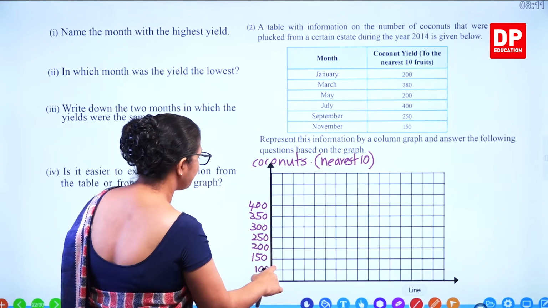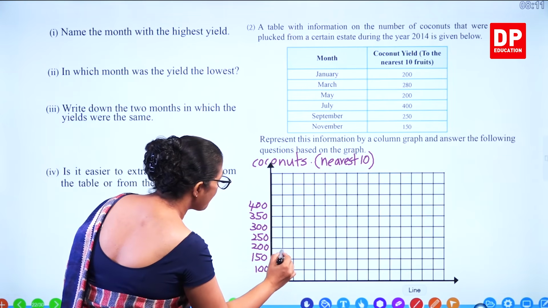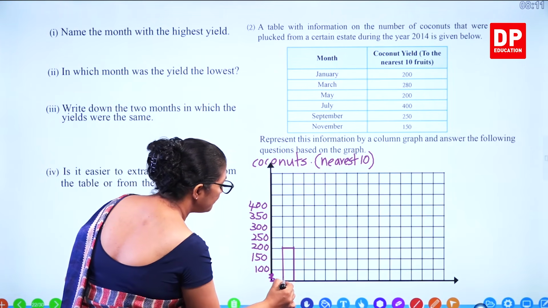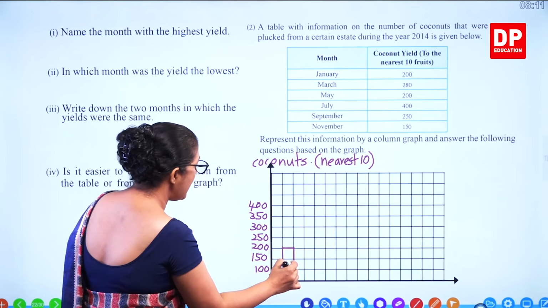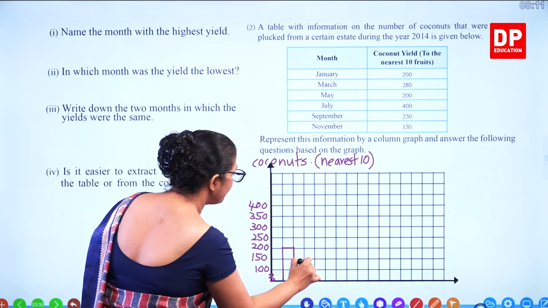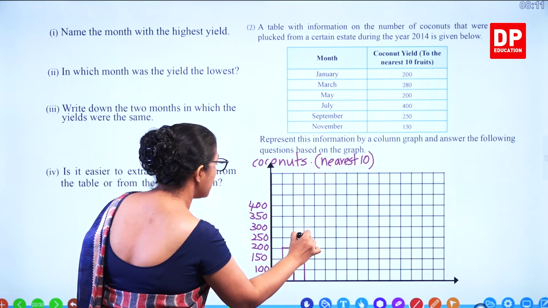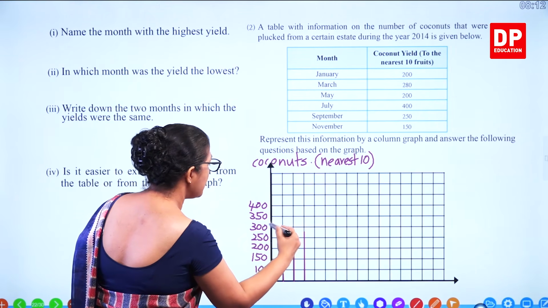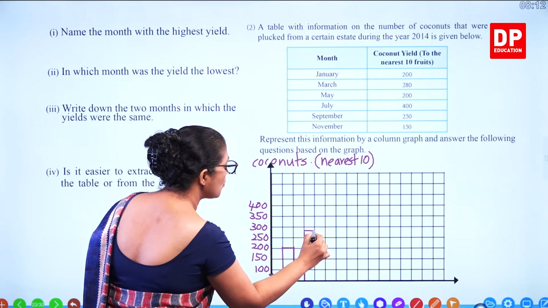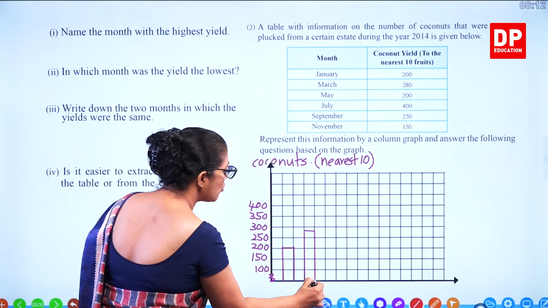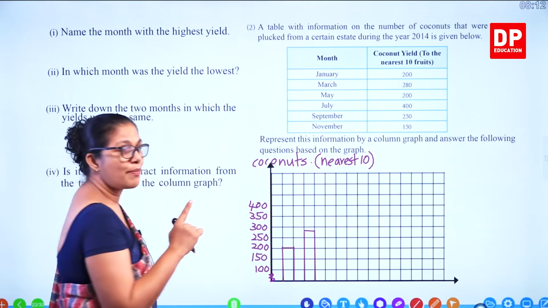200. So that's January. 280. Here 280 is not in between, slightly higher. So 50 and 375. So you can draw. But according to my scale, you can't read it properly.